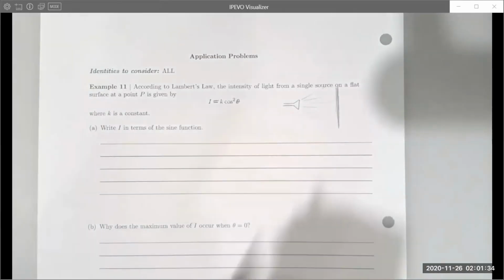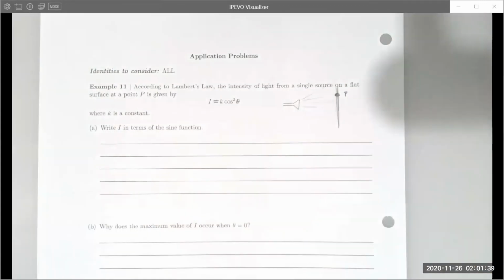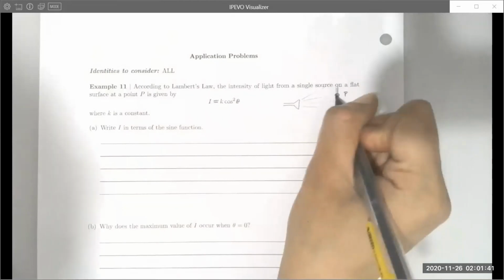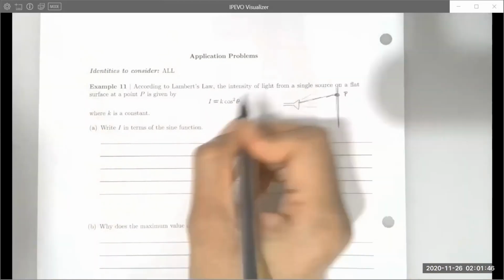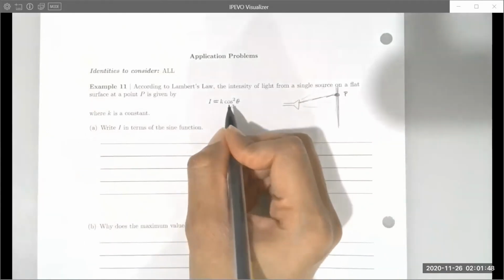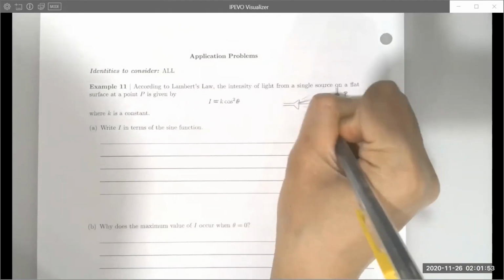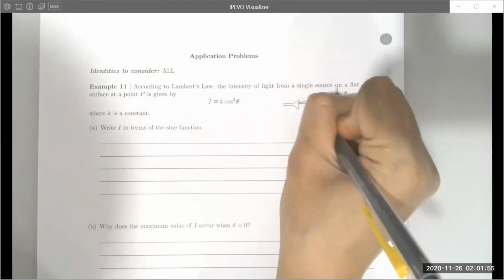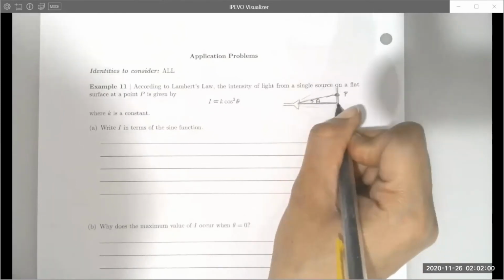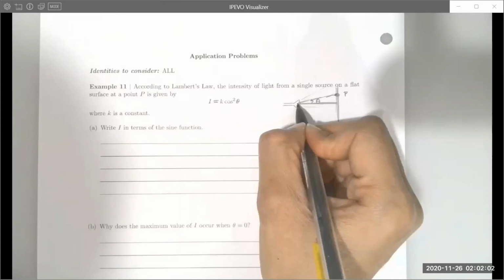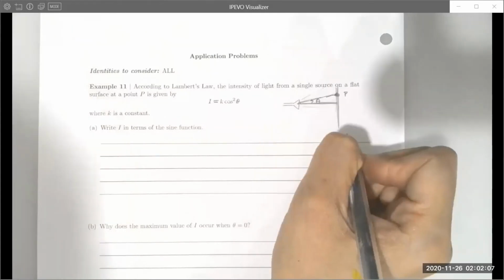And there is a point on the wall, we'll call it P. And it's saying that the intensity of the beam of light at that point is going to be a constant K times cosine squared of the angle theta. Now the angle theta is referring to the angle that gets formed between the horizontal ray of light and the ray of light that's pointing at the point P on the surface.